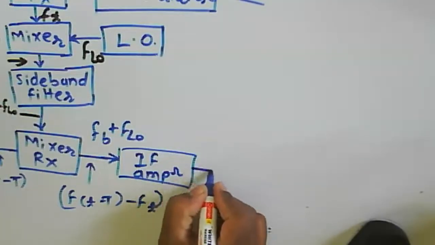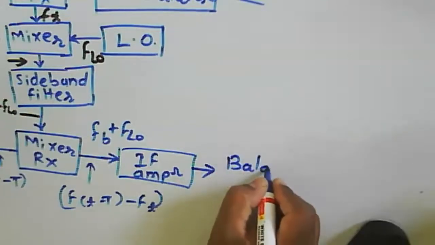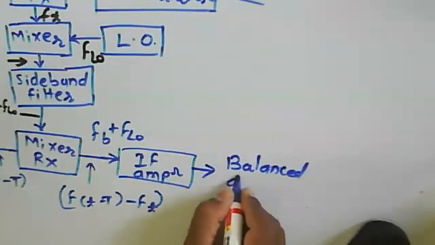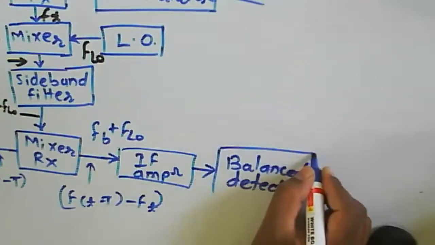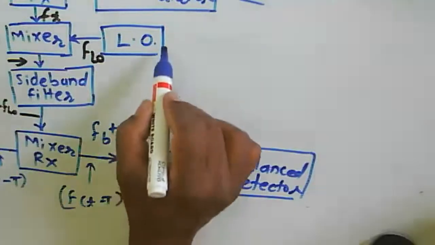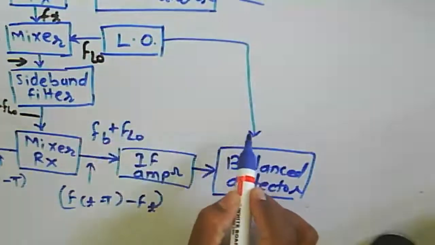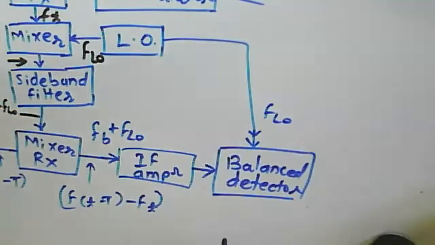Again we consider a balanced detector here. This is a balanced detector, and we give the local oscillator signal here, FLO, from this IF.